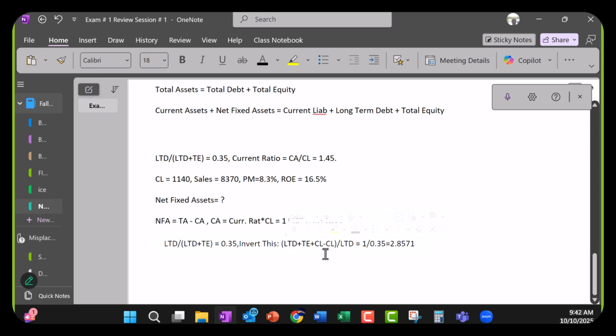I add current liabilities and deduct current liabilities, so this doesn't change anything. But these three are total assets. So that means total assets minus current liabilities divided by LTD is equal to 2.8571.